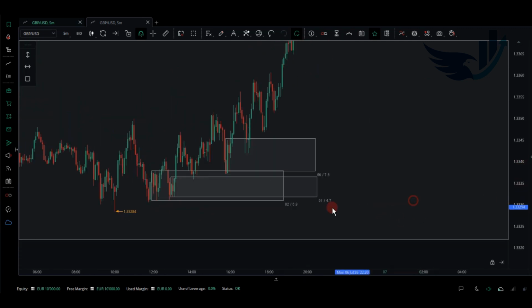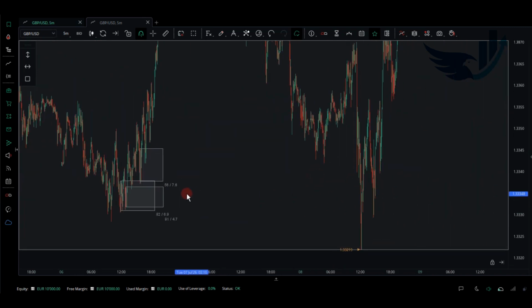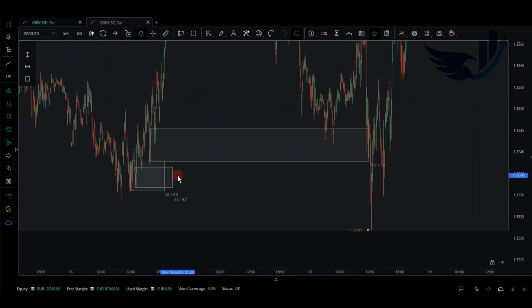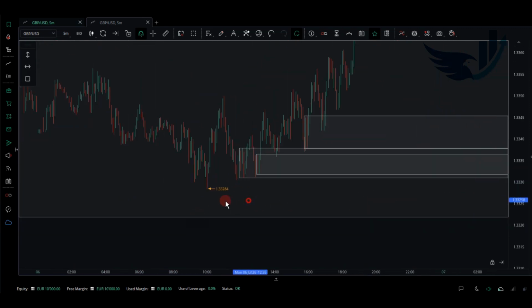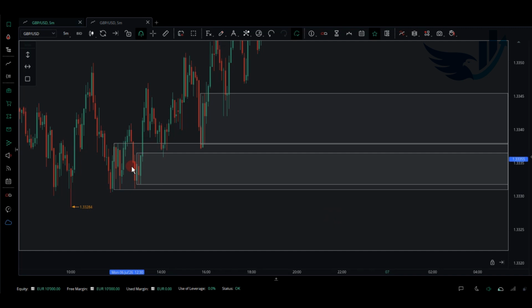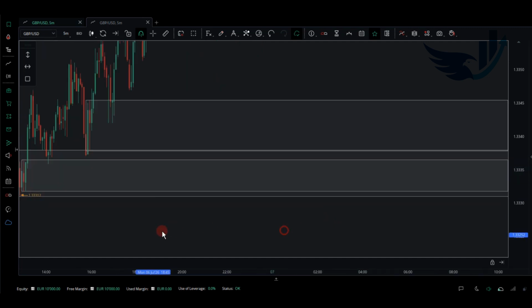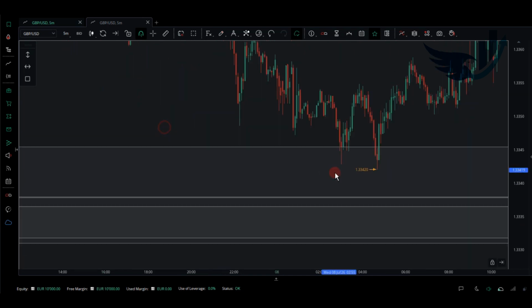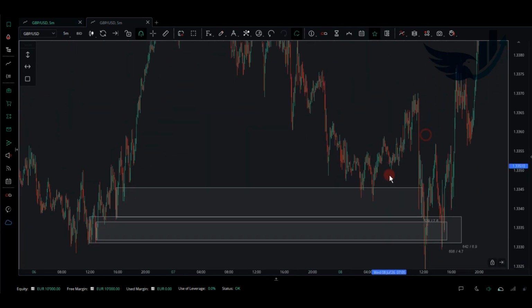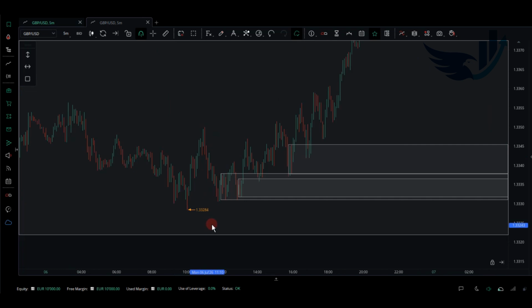If you remember right, we have to extend our boxes and see the reactions in return. And as you can see, these 2 boxes, the first one and the second one, in return, they couldn't hold the price as much as the first one. So there is a huge difference.